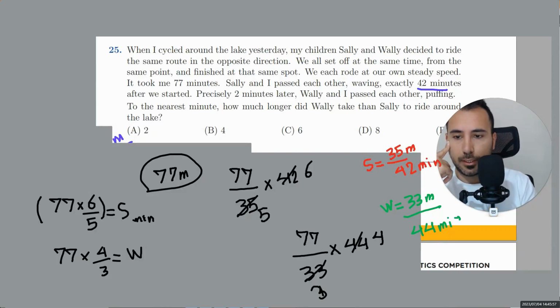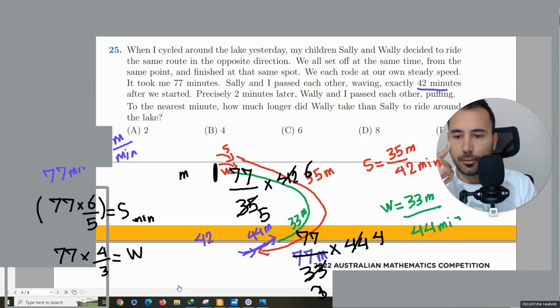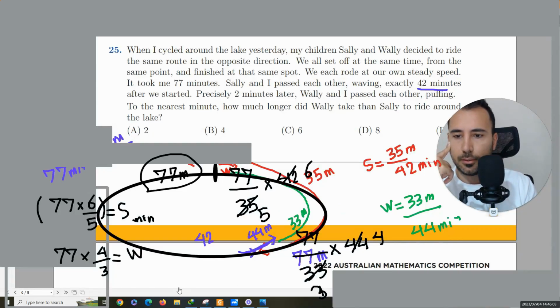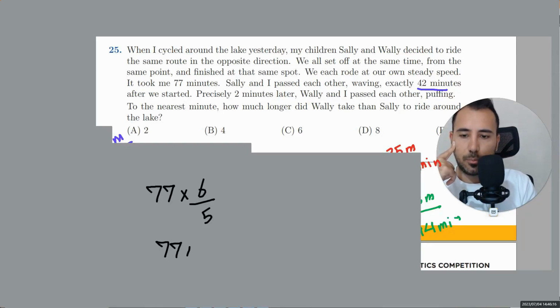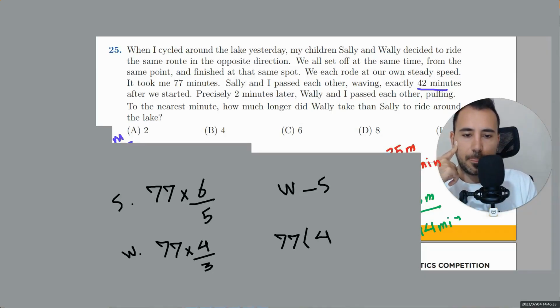So let's just write it here. I'm going to do some cleaning again. Oh my God. Can I get it back? Okay. So it would be 77 multiplied by 6 over 5. The other one was 77 multiplied by 4 over 3. This was S, this was W. So we want W minus S. I'll factorize: 77 times 4 over 3 minus 6 over 5.